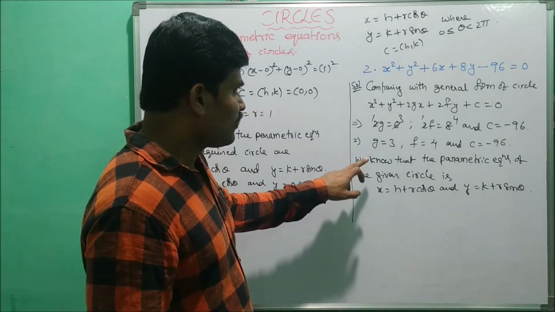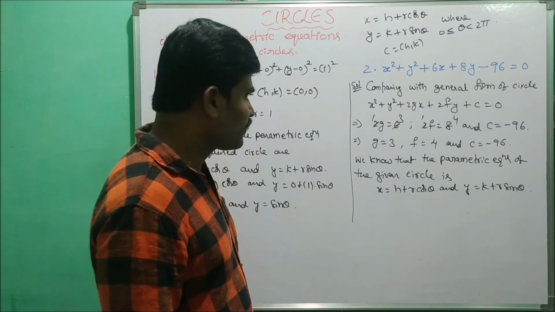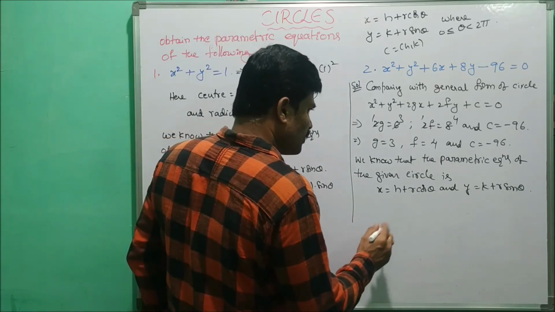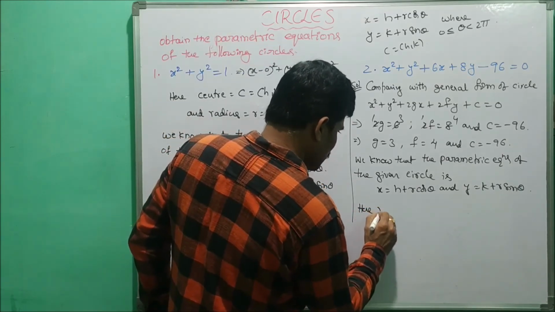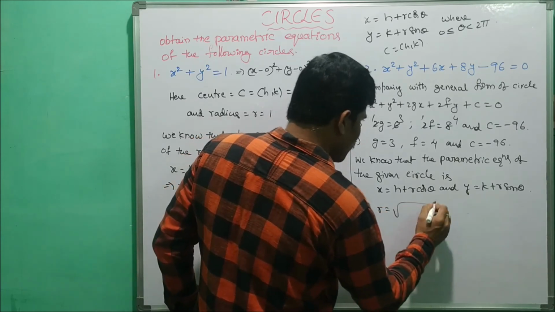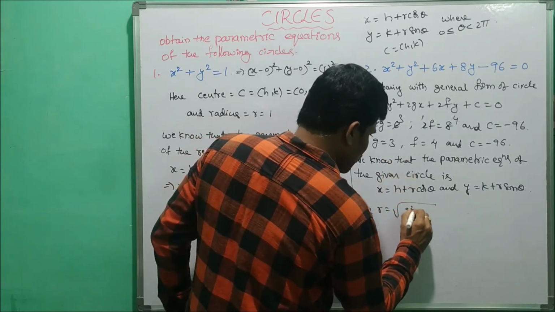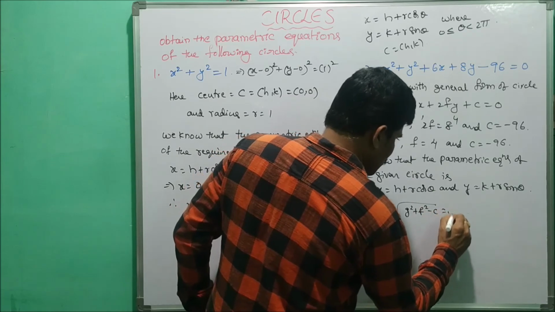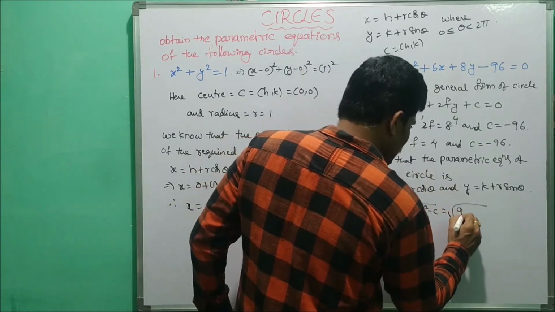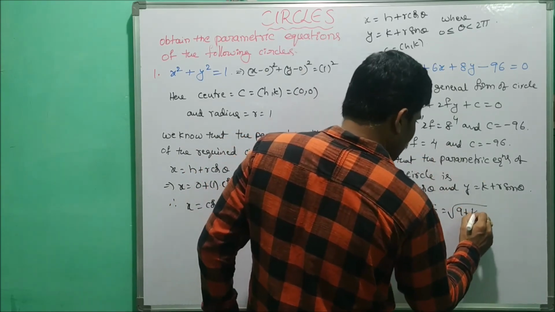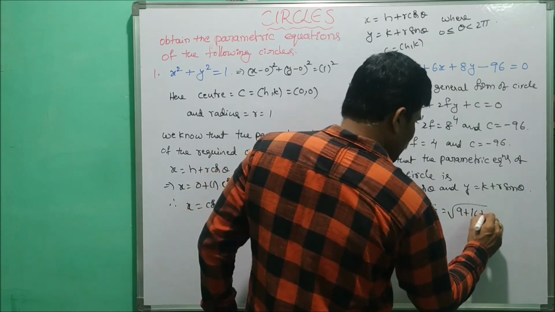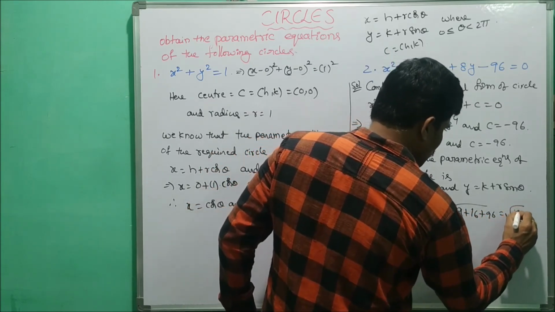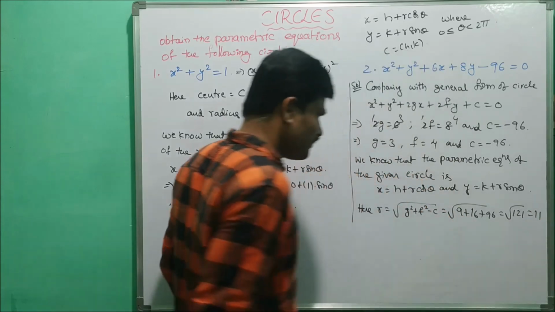To find the radius also, radius r equals square root of g square plus f square minus c. Now g square means 9, f square means 16, plus 96, which equals 121, that equals 11.